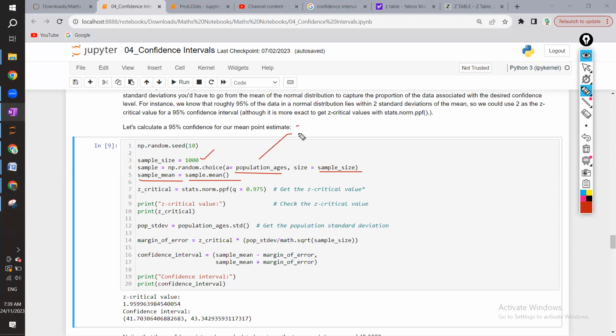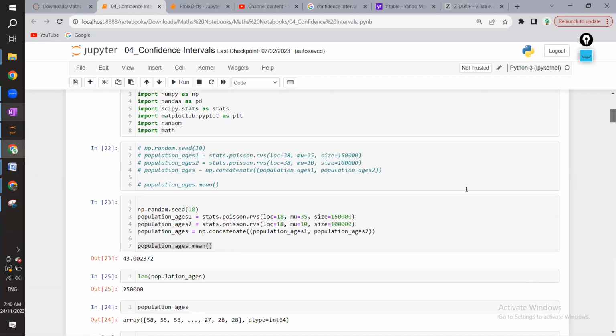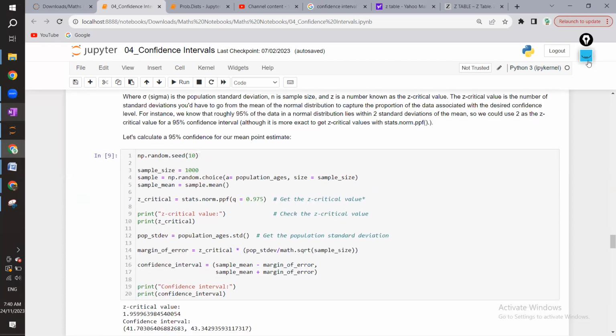I think it is 2.5 lakh. So from that 2.5 lakh population, I am simply taking a random sample of 1000 using random choice, calculating the mean of that, and putting it aside as the sample mean.